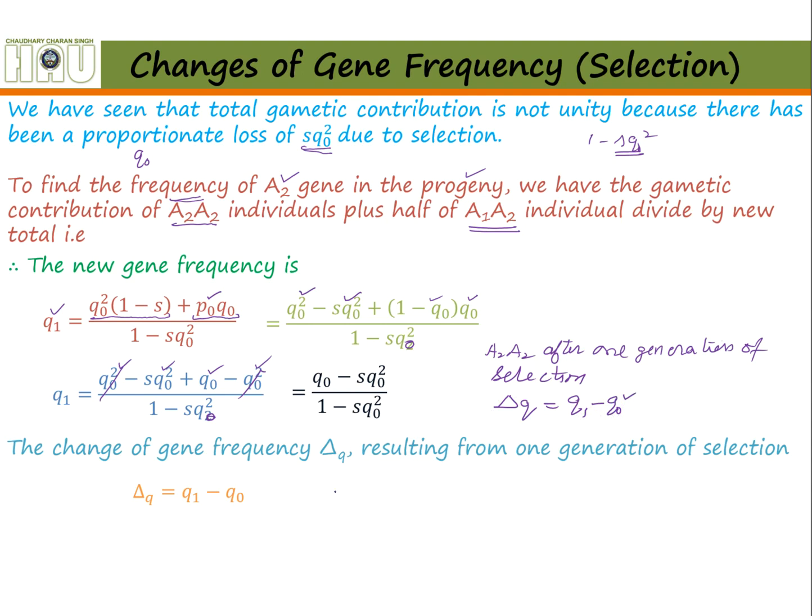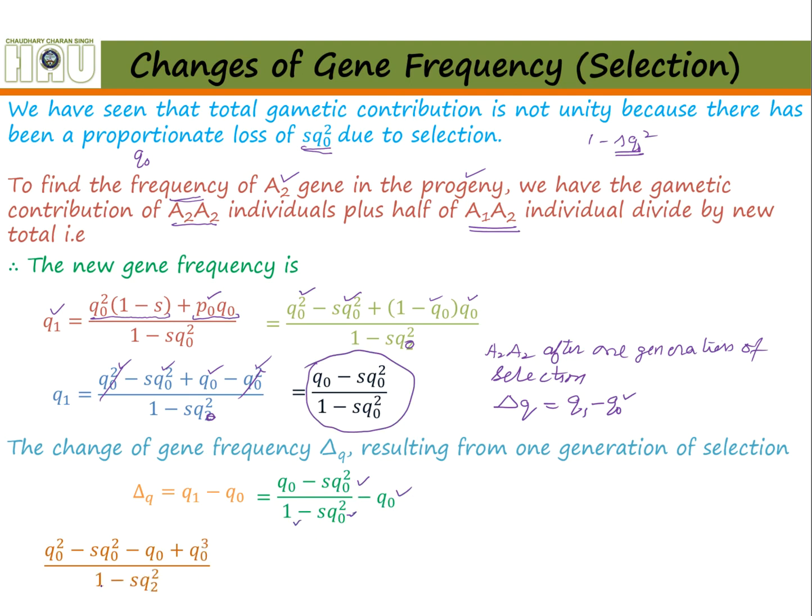And if I substitute the values of Q1 and Q0 in these relations, I will get Q0 minus SQ0 square upon 1 minus SQ0 square. This is the value of Q1 minus Q0. Now simplify it. I will get 1 minus SQ0 square as denominator, and Q0 is multiplied by the denominator.